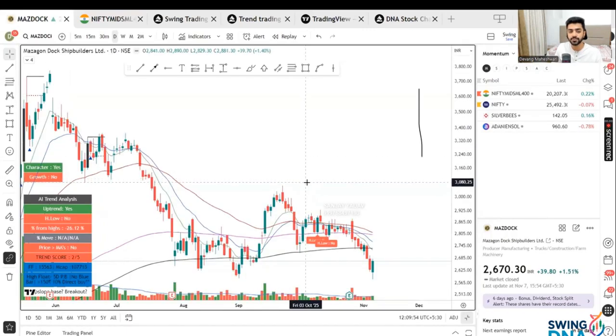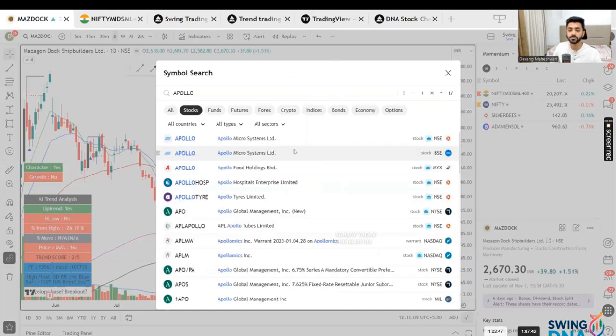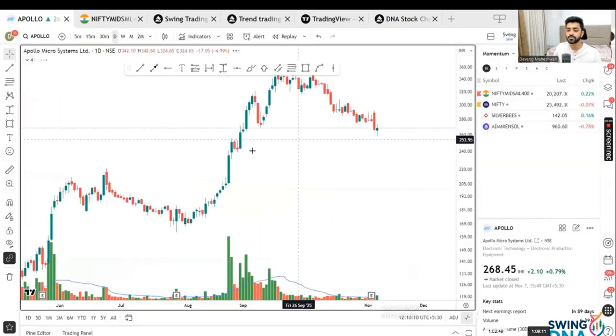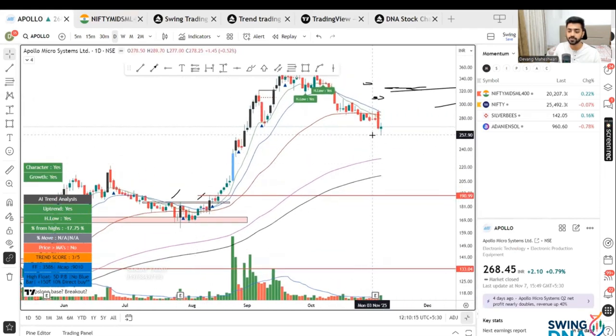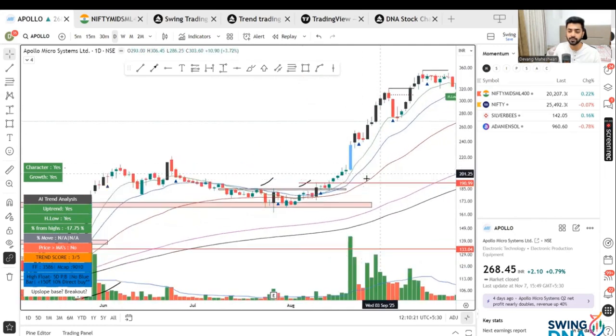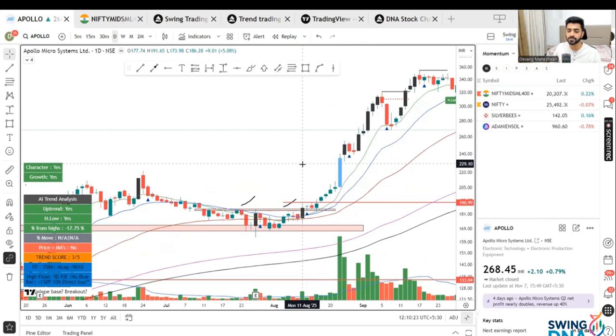In this, there was no momentum. Then which were other names? Yeah, GRSE, Apollo Micro. First October, we were saying September, October. It already gave a move by that time here. So here, this came 11th August.